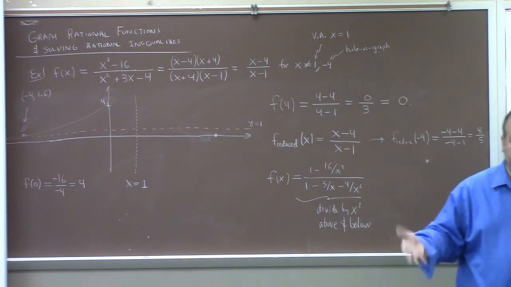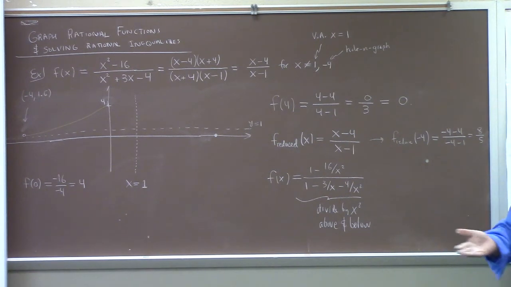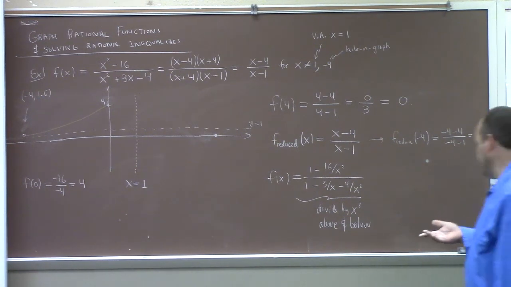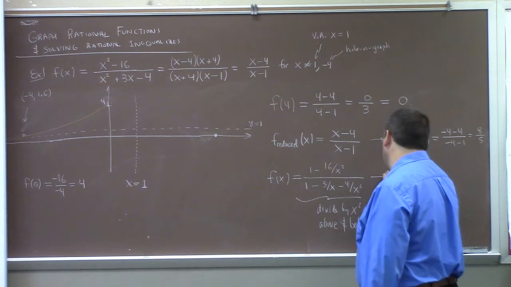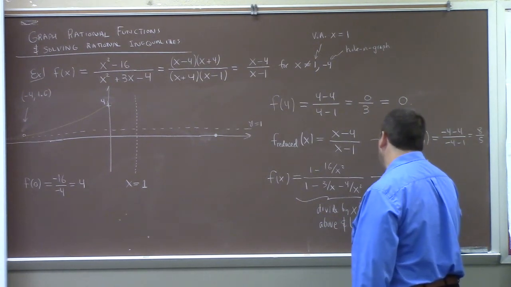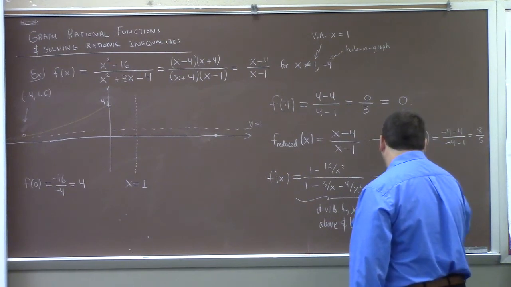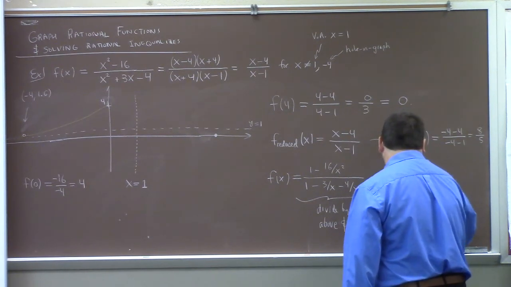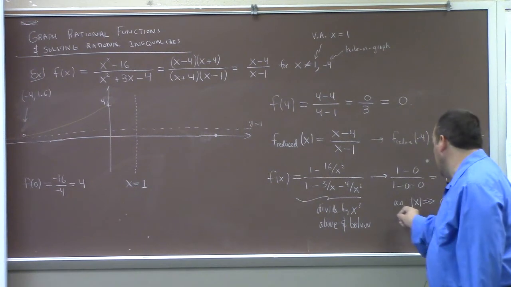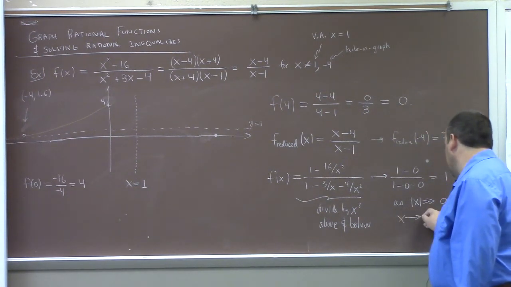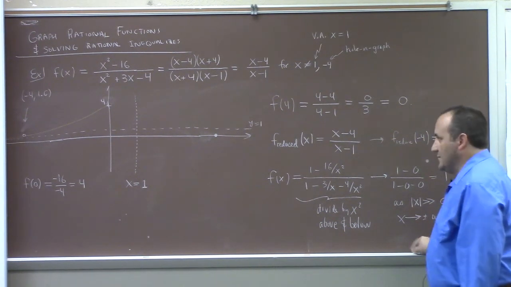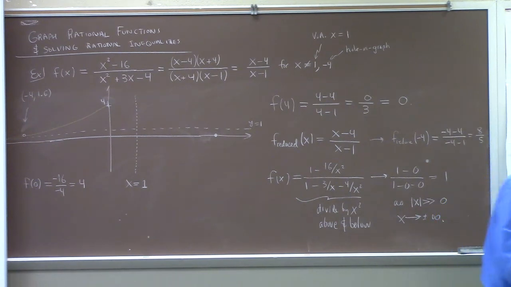What happens as x goes to something really, really large, positive or negative? So this just goes to 1 minus 0 over 1 minus 0 minus 0, which is 1, as the value of x is much, much greater than 0, or you could say as x goes to plus or minus infinity. So you might be wondering then, can you see that without doing that algebra? I think you can, right?